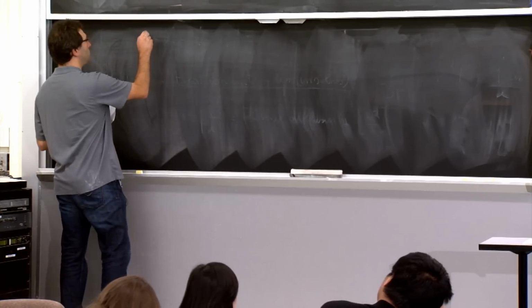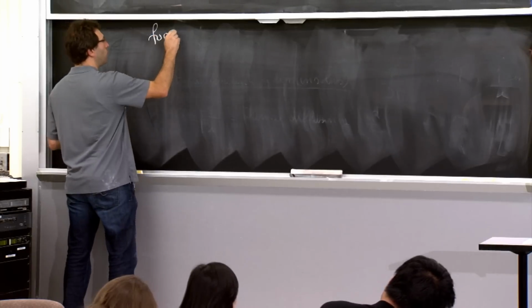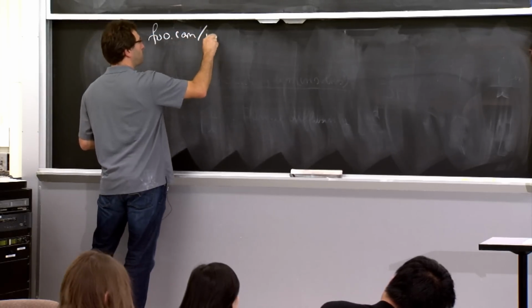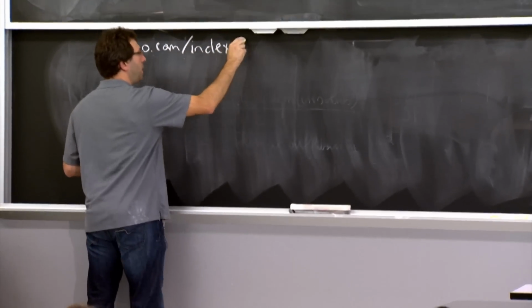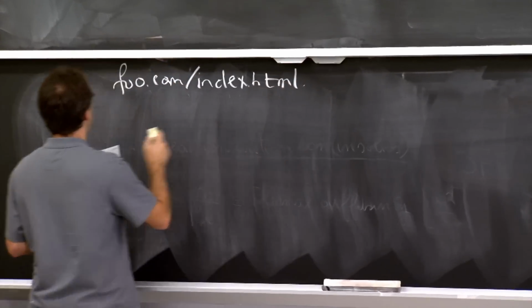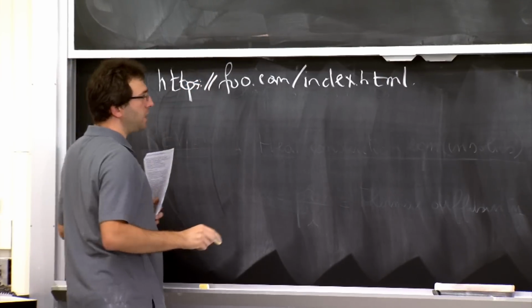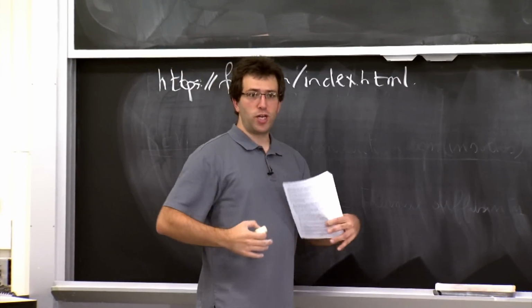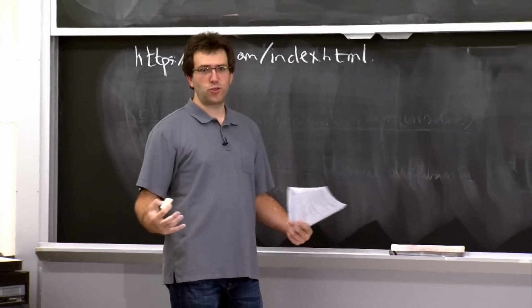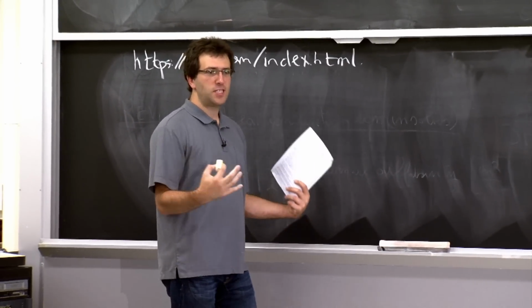So if you have some sort of a site, foo.com/index.html, this site might be served from HTTPS, but inside of this HTML page, you could have many tags that instruct the browser to go and fetch other stuff as part of this page.